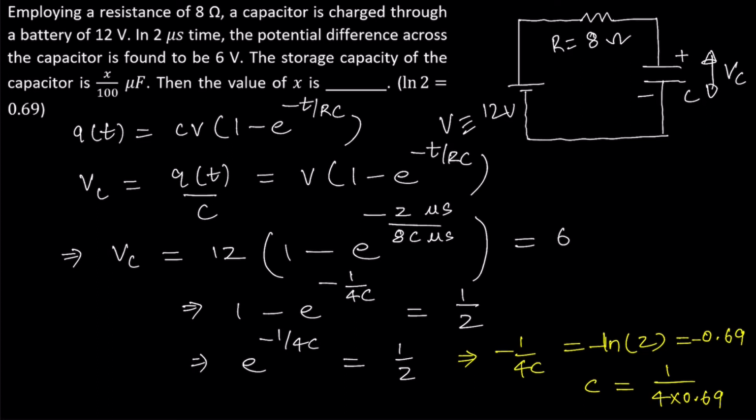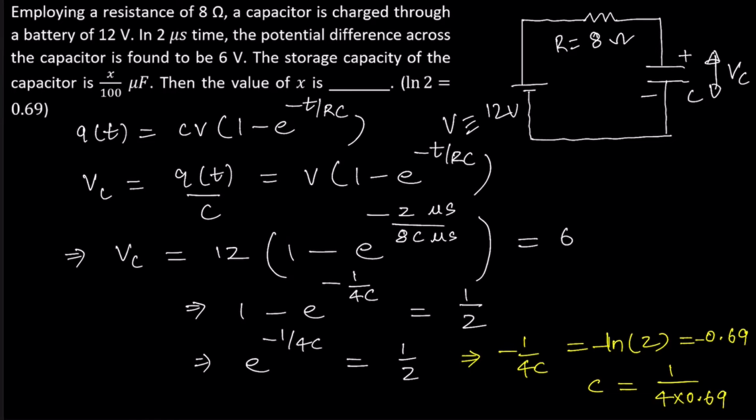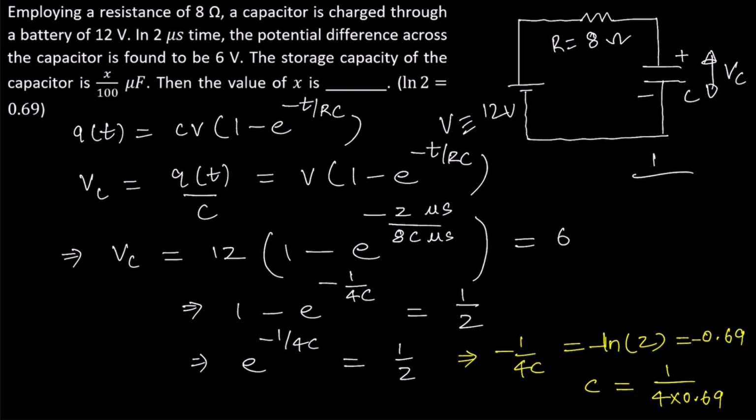Near the diagram, we need to express this in terms of x by 100. So let's first write 1 by 4 into 0.69, which will be roughly 2.76.